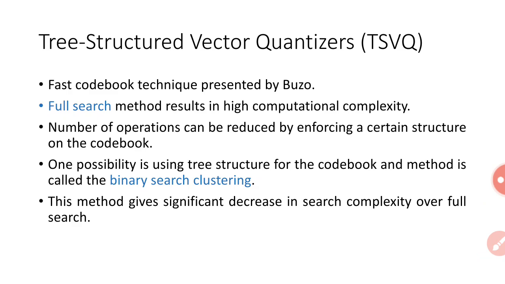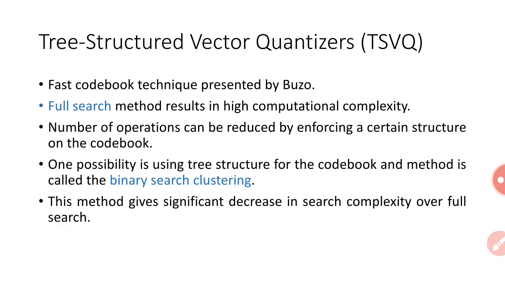Now, the number of operations can be reduced by enforcing certain structure on the codebook. One such possibility is using a tree structure for the codebook. You will design the codebook using a tree structure so that the number of operations is reduced.